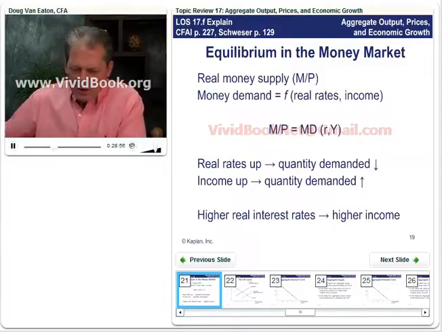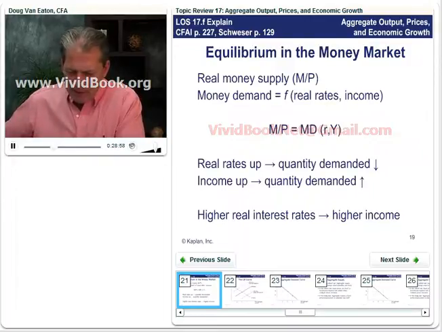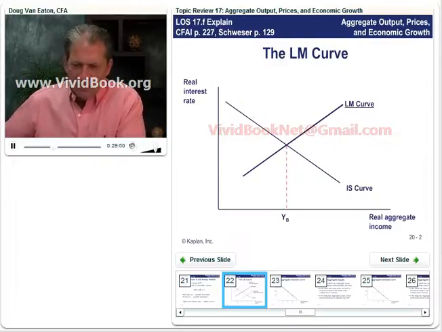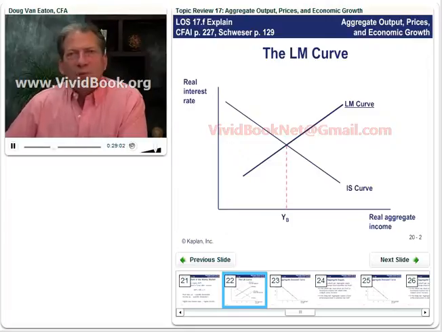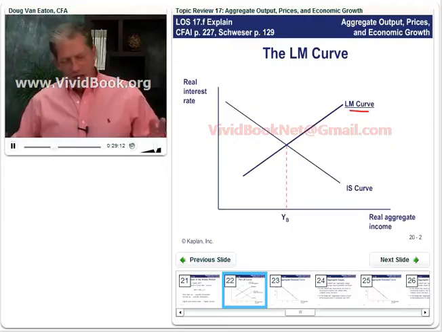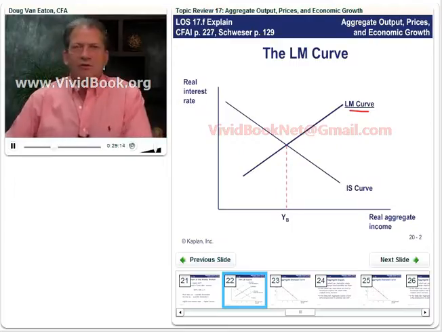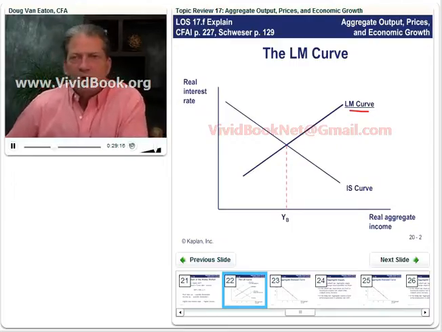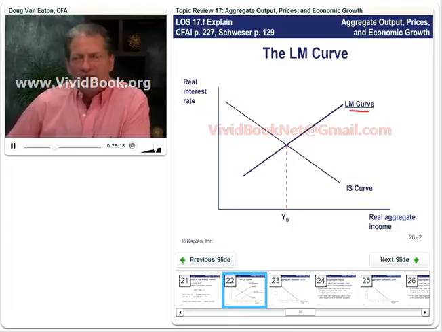So just as we had a fairly complex argument for the slope of the IS curve, that's our fairly difficult explanation. And don't feel bad, these IS and LM curve models have been driving economics students crazy for the last 60-some years. But I think we can understand what's going on here.